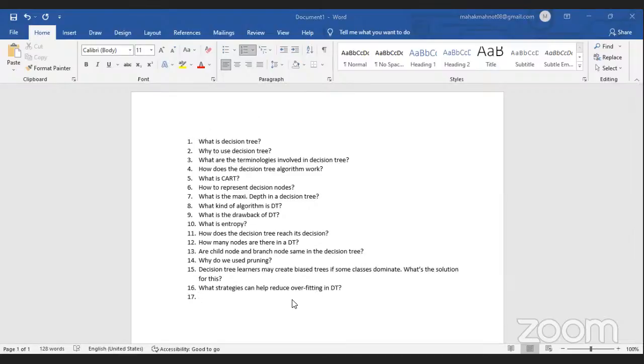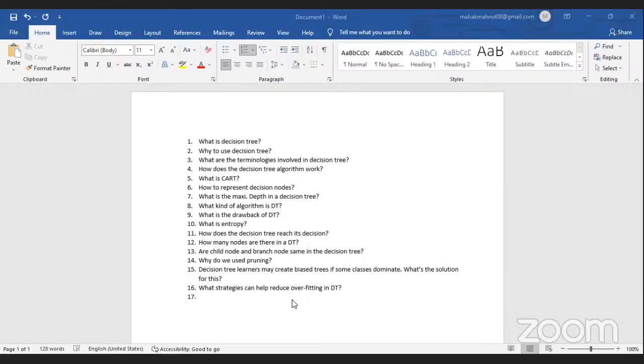I also mentioned pruning. Pruning is one of the strategies which help in reducing overfitting. There is also enforcing a maximum depth for the tree. Decision trees don't use regularization to fight against overfitting, because in other algorithms we use regularization techniques, but in decision trees regularization is not used.